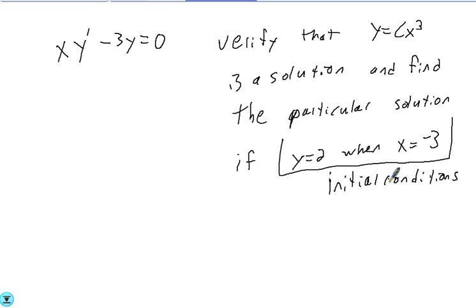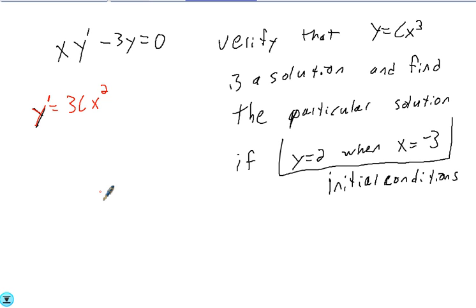So we've got an x, we've got a y prime, and we've got a y, so that means we need to find y prime. So y prime is going to be 3cx squared.